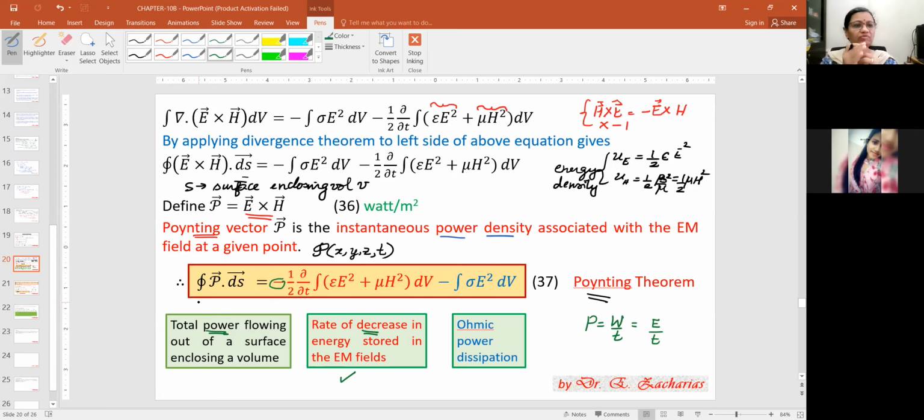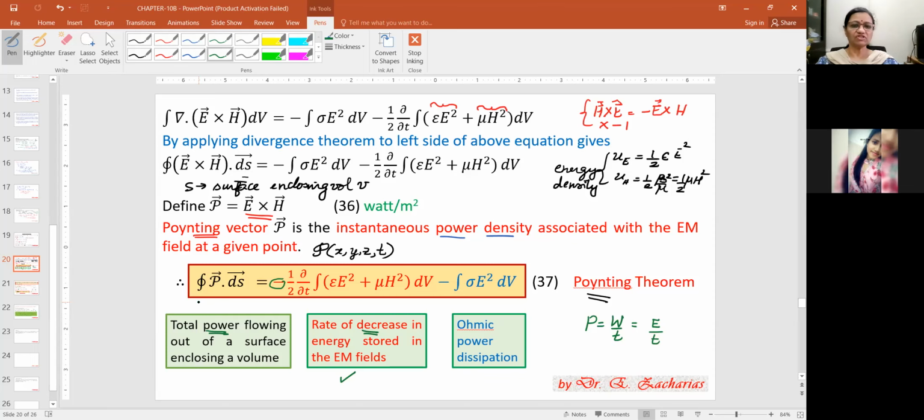I hope you remember when we were talking about mediums, we talked about a lossy medium. And for a lossy medium, we said there is an intrinsic impedance. That intrinsic impedance is the factor responsible for the power loss. So here this power dissipation is an ohmic power dissipation, and the difference between these two is what is going to come out as power.